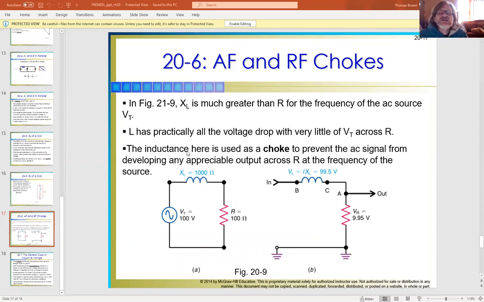Anyway. Remember this section here is primarily for communications applications, audio frequency and radio frequency chokes. What's a choke? Believe it or not, chokes are something that an electrician should know about.